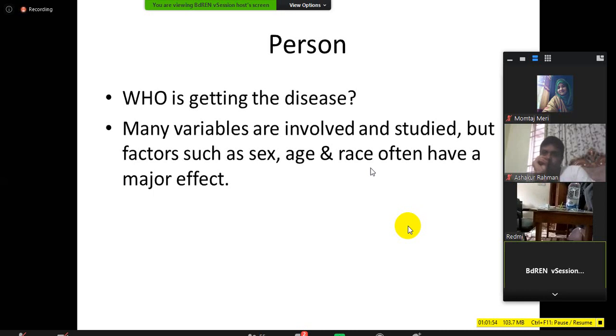Even in Bangladesh, we are mostly Bangladesh, but there are few other ethnic groups. And ethnics means when a group of people sharing some common characteristics, like their food, their dress, their culture, and language. That is these 4 characteristics.